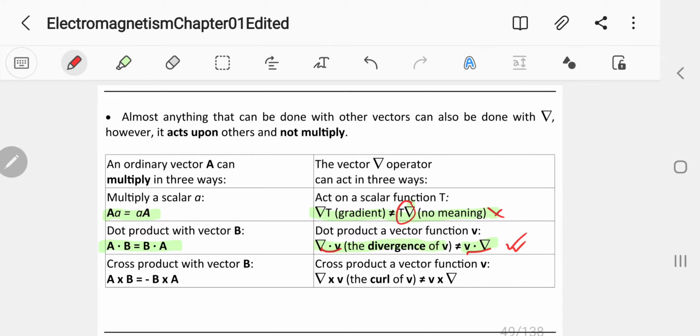And when we do the cross product, it's also not the same when you flip the two vectors.